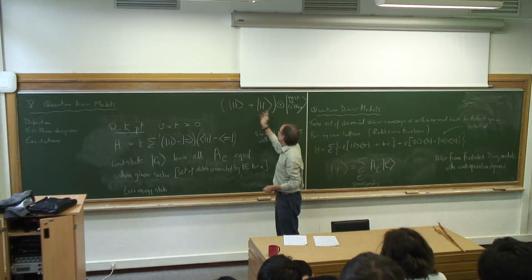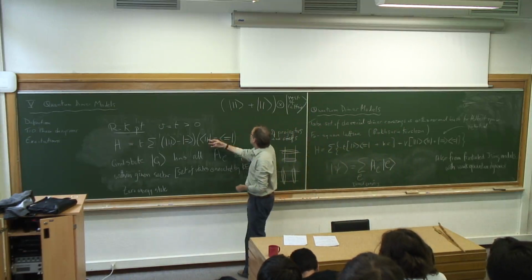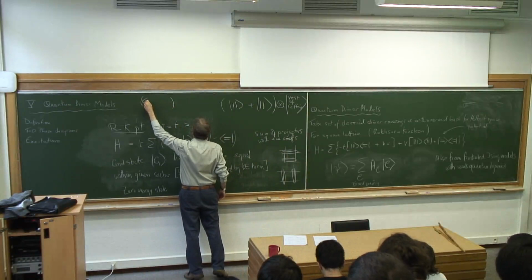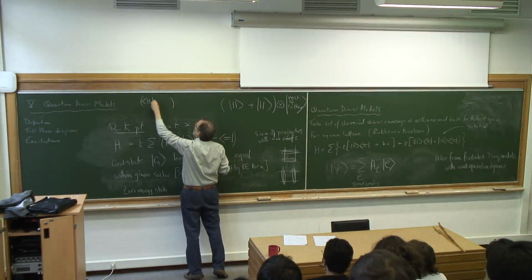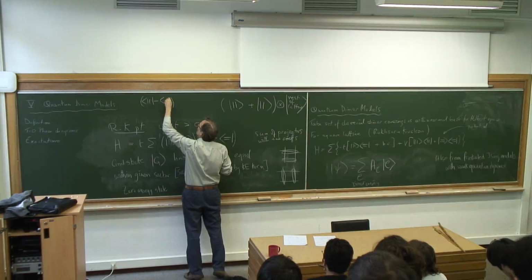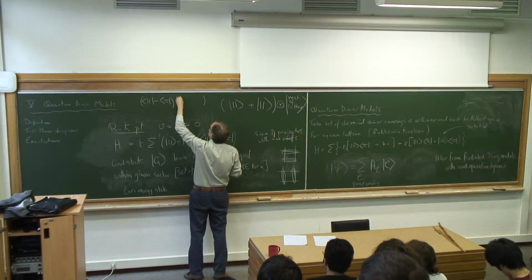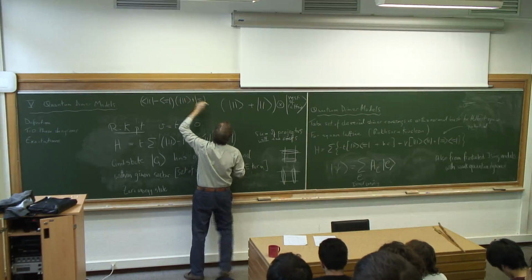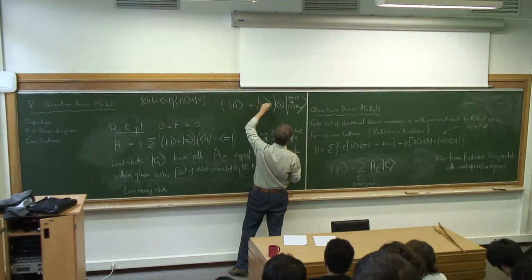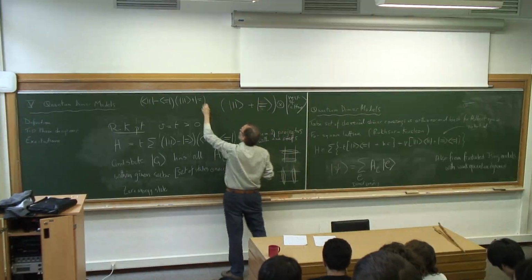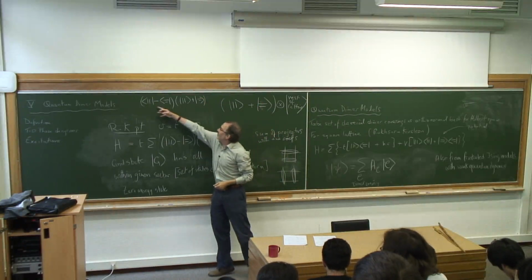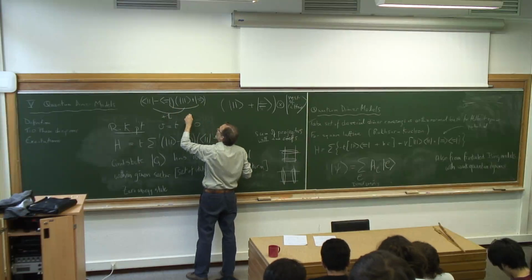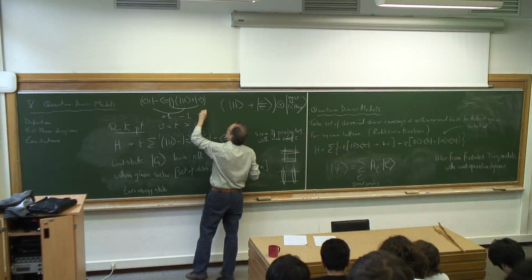Now, if I take the overlap of this with that, then my claim is just that it's that this overlap gives me zero, because this gives me plus 1 and this gives me minus 1. So it's okay.